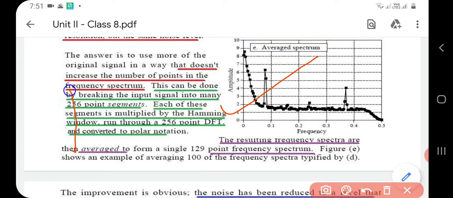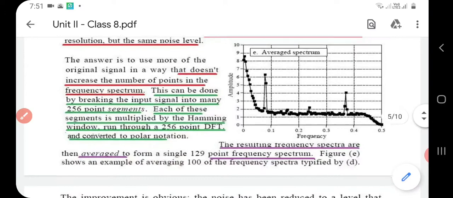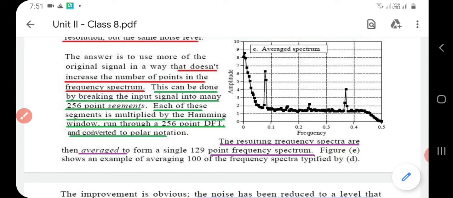In this average spectrum, you can see that the noise level has been reduced to a very low level. That is, there are not many zigzag peaks, so the noise level is highly reduced.